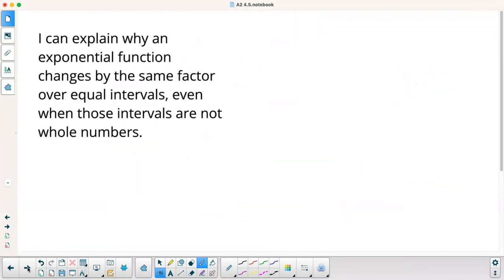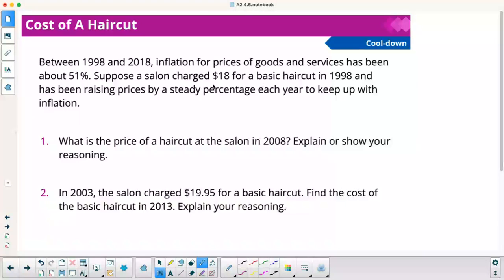So our goal, I can explain why an exponential function changes by the same value over equal intervals, even when those intervals are not whole numbers. So you just got to figure out what you're dividing the interval by and then take it to that power, 1 over that number. All right, so last one here.